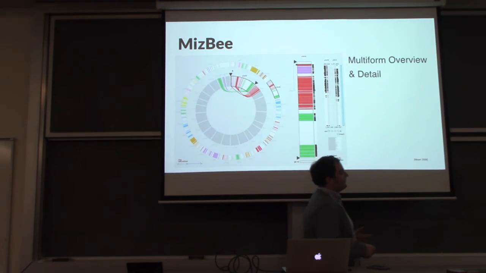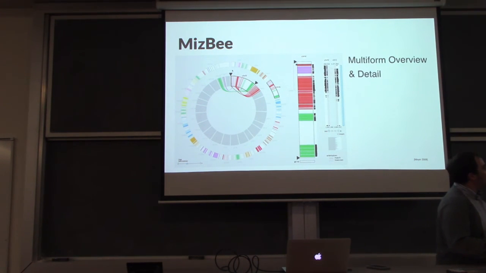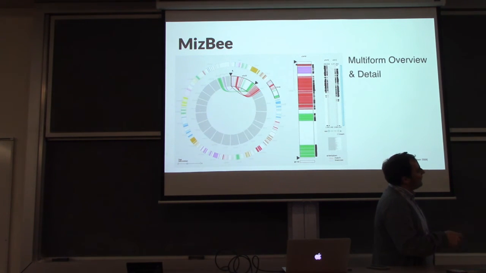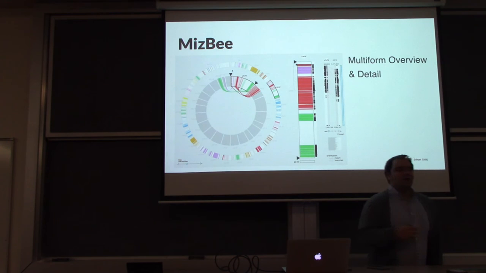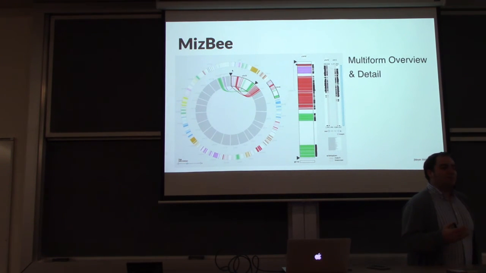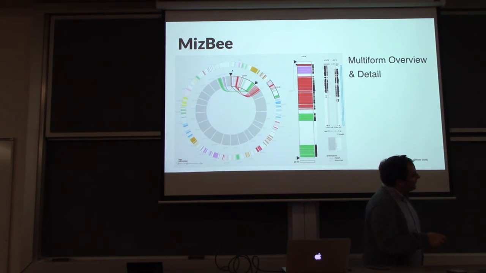Another example here is MizBee. It's one of the visualization techniques that Miriah Meyer developed. So you can see that we have the chromosomes of one species, and out here are the chromosomes of another species. The idea here is to visualize synteny, so how the genes are preserved across species. But the point here is that this chromosome here is selected. So this is the overview here, where the chromosomes are in this ring in this order.